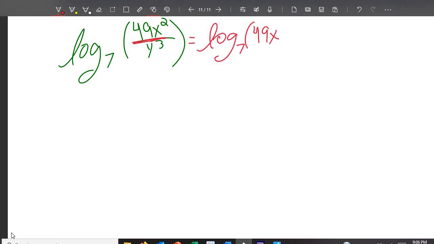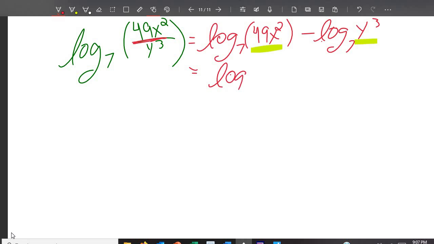Put the numerator, everything in the numerator, minus the log base 7 of what's in the denominator. Once you do the quotient rule, you're going to check each piece to see if you could do the power rule. Well, notice this one has two pieces, a 49 and an x squared. So we can break this piece apart.